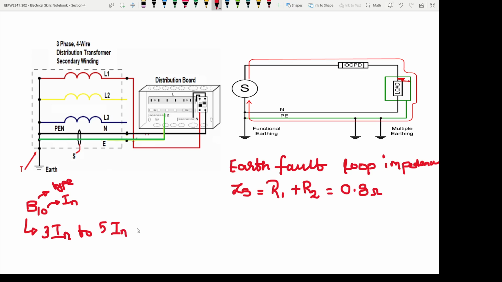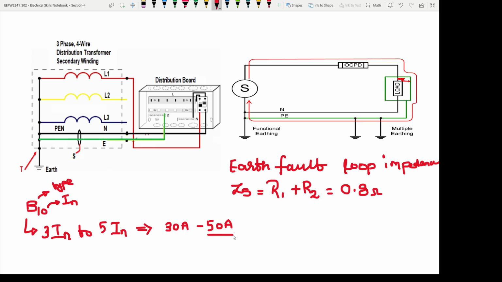If you substitute the value for In here, we get 30 amperes to 50 amperes. So this is the trip range for this B10 type MCB.